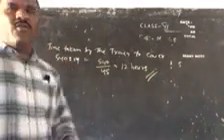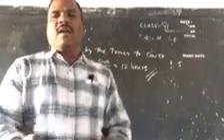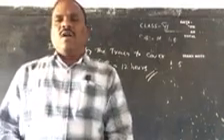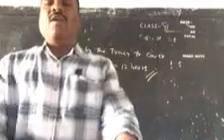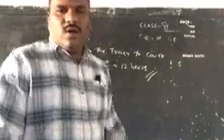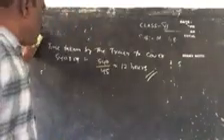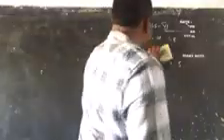So to cover 540 kilometers, the train takes 12 hours at the rate of 45 kilometers per hour. Okay, children, so this is problem number 5. Now problem number 6.